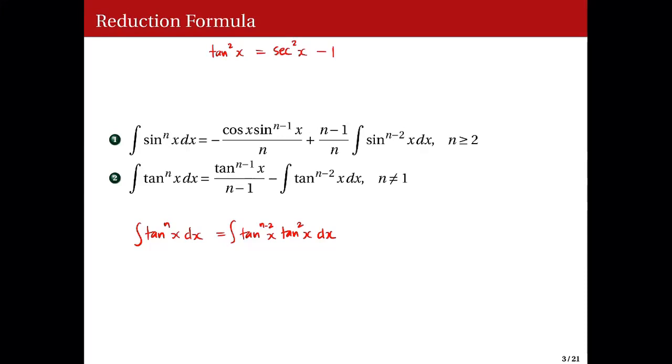You will have to remember this identity from your sec 4 or sec 5, one of the Pythagorean identities. So from here, we will now write tangent squared as secant squared minus 1, so that we will have the integral of tangent raised to n minus 2 x times secant squared x minus 1 dx.